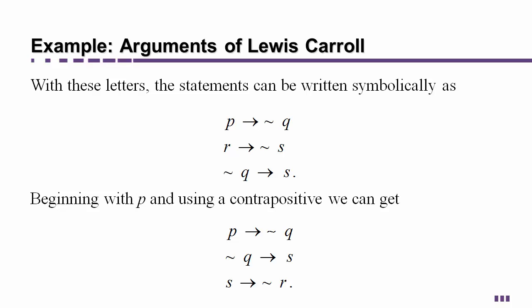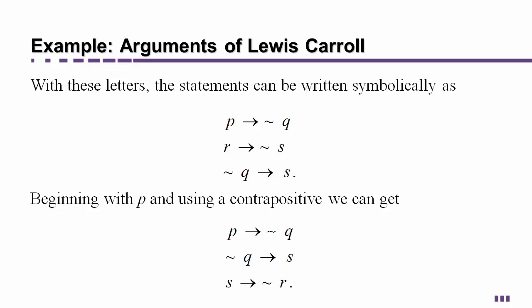The second one said, nobody is despised who can manage a crocodile. Well, you can manage a crocodile was R, and that basically says if you can manage a crocodile, then you aren't despised, right?